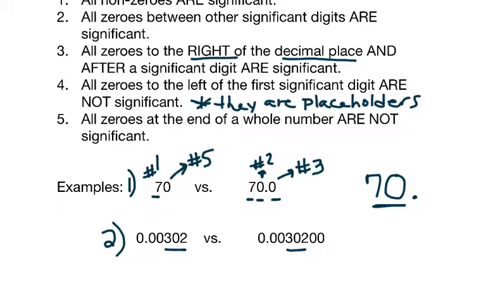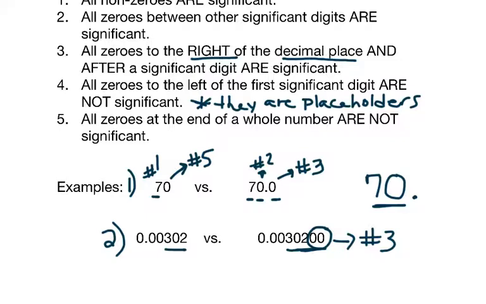Looking over at the right example, again, that 3, 0, 2. However, the zeros to the right are also significant because these 2 zeros right here are rule number 3. They are to the right of the decimal, but they are also after a significant digit.